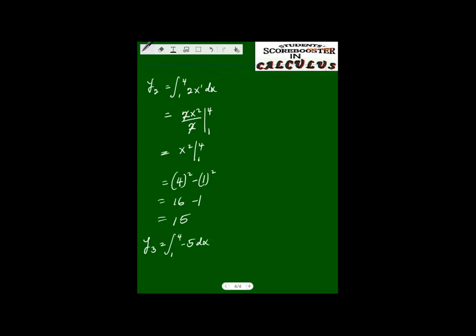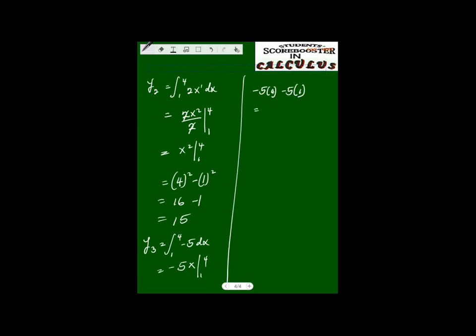So again, I'm going to integrate this one. If I integrate this, it's going to be 5x. I believe you understand this. I explained it before, 1 and 4. Okay, so what we're going to do here is minus 5 into 4, then minus 5 into 1.